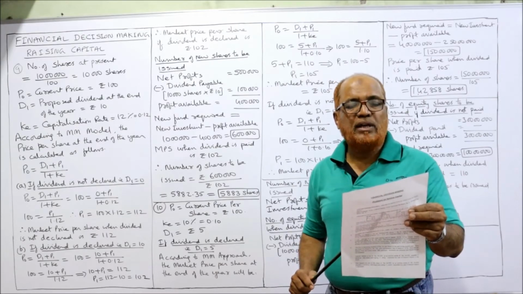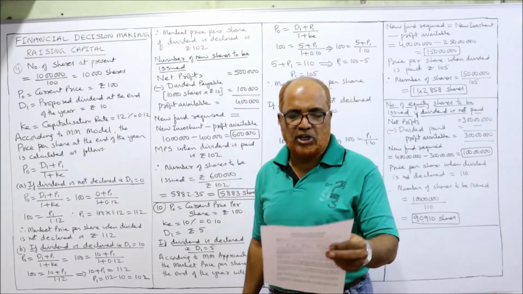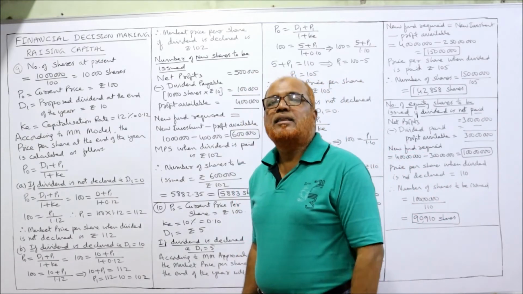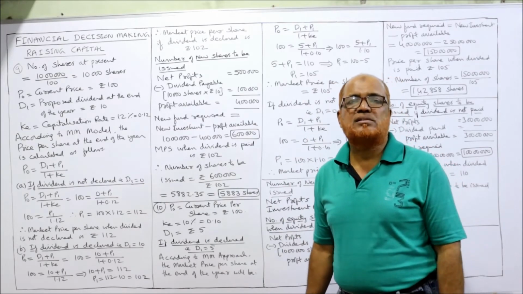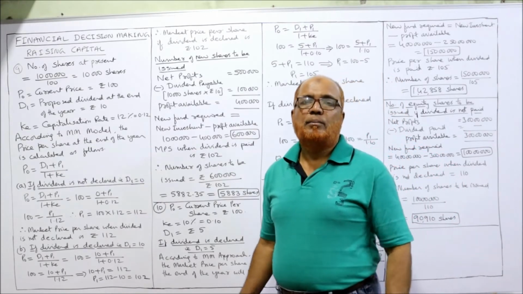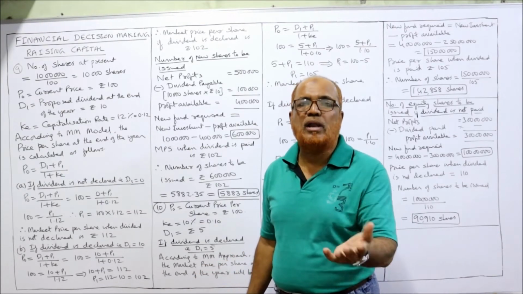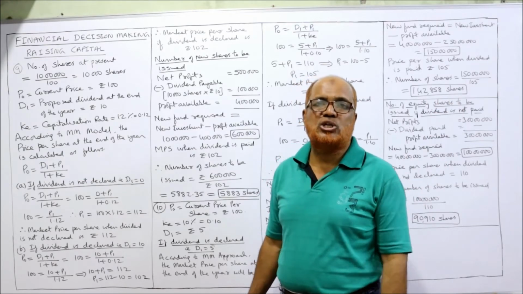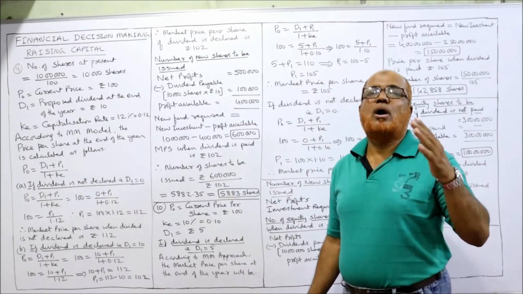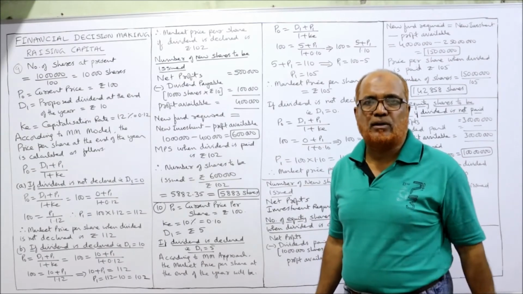And it makes a new investment of 10 lakh during the period. How many new shares must be issued? The company has a new investment project which requires 10 lakh rupees, but the company does not have 10 lakh rupees. Retained earnings are only a small amount. The remaining amount has to be procured by issuing equity shares. So how many new equity shares have to be issued? That's what we have to find.